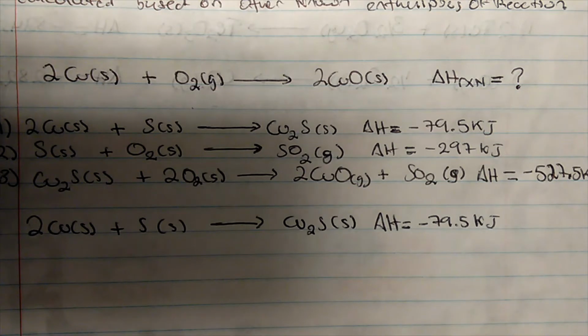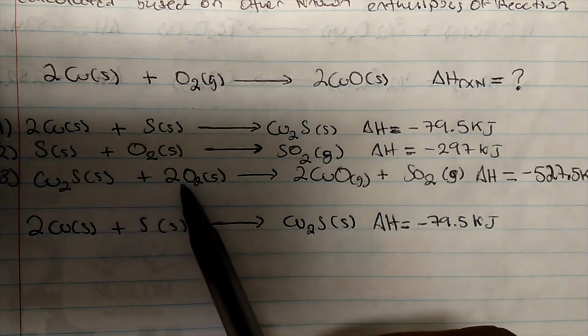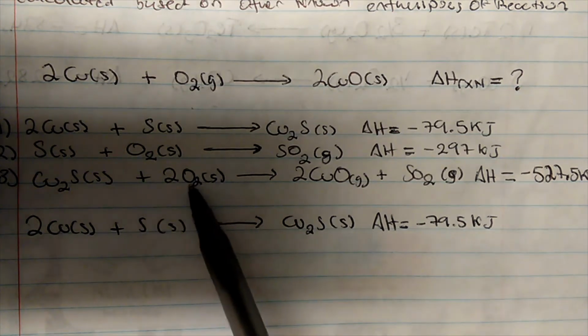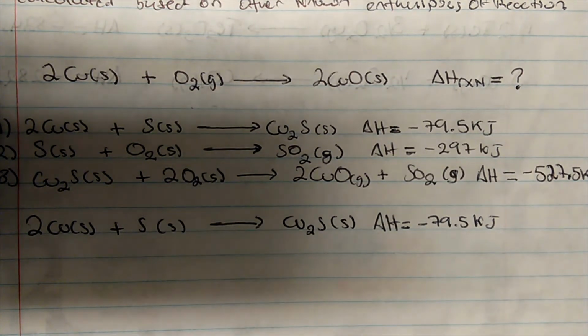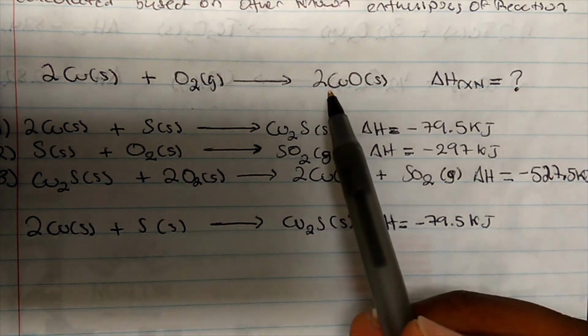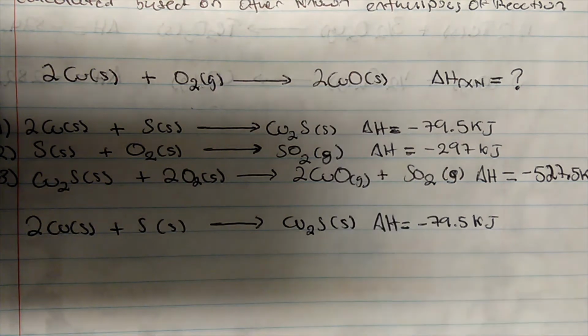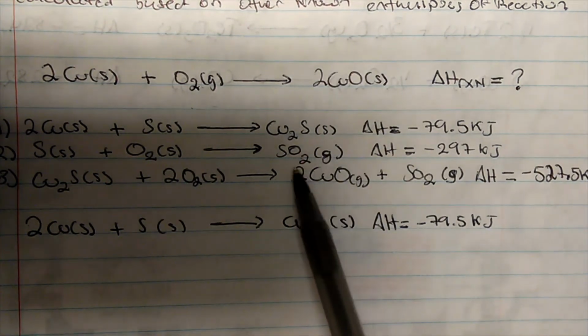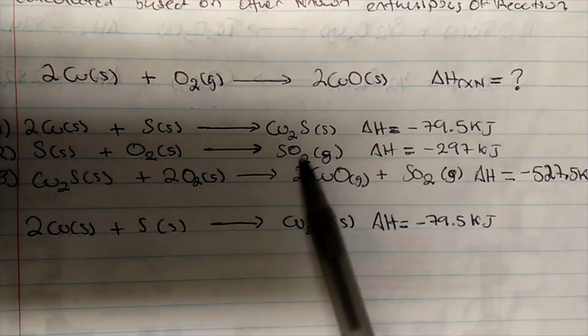And so what if I actually use this one? Now, again, bear in mind, this is 2 oxygen gas, but this is how we got to think, okay? If this product was just straight up 2 moles of copper oxide, then we could say, okay, that's fine. But because the product is different, it's not best for us to use this first.